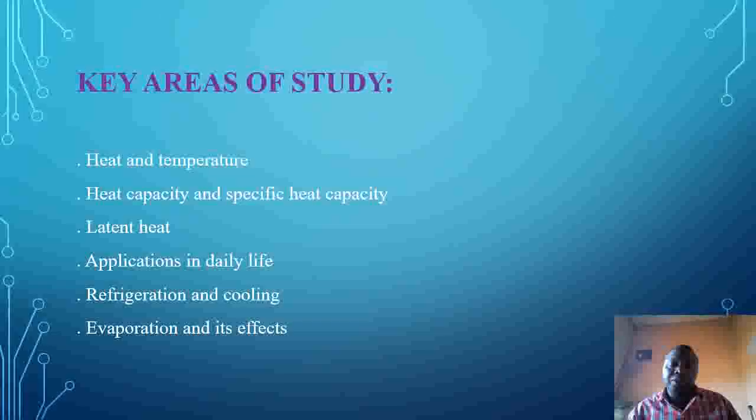We shall also look at refrigeration and cooling, evaporation and its effects. Basically, the areas that we are going to concentrate much on will be heat and temperature, heat capacity and specific capacity, latent heat, and then applications in daily life. So those are some of the areas that we shall center our discussion on.